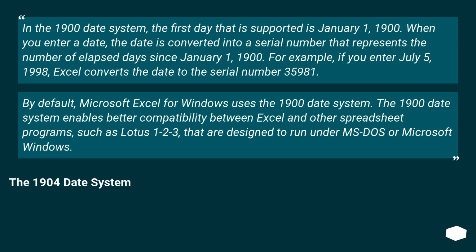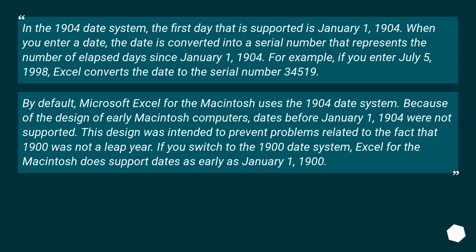By default, Microsoft Excel for Windows uses the 1900 date system. The 1900 date system enables better compatibility between Excel and other spreadsheet programs, such as Lotus 1-2-3, that are designed to run under MS-DOS or Microsoft Windows. The 1904 date system. In the 1904 date system, the first day that is supported is January 1, 1904.